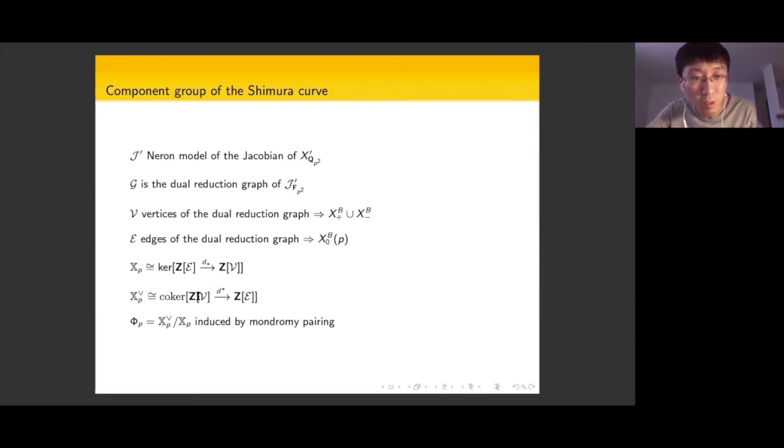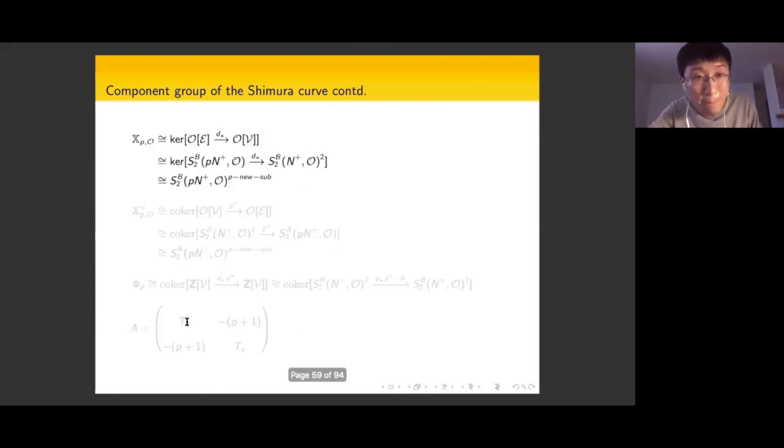So I won't need this. I really don't need the definition of this D lower star and upper star, since I'm giving you a very concrete description of the edge set and vertex set, and you will see what exactly these are in a moment. And then I define the component group to be the co-character group modulo the image of the character group in the so-called monodromy pairing.